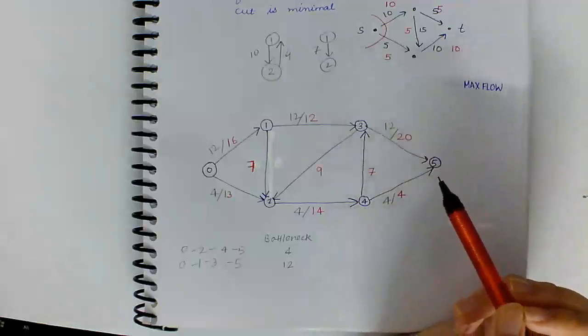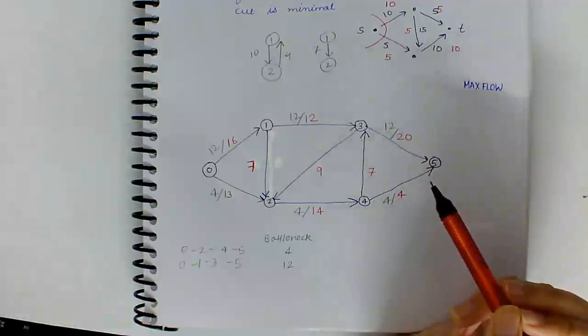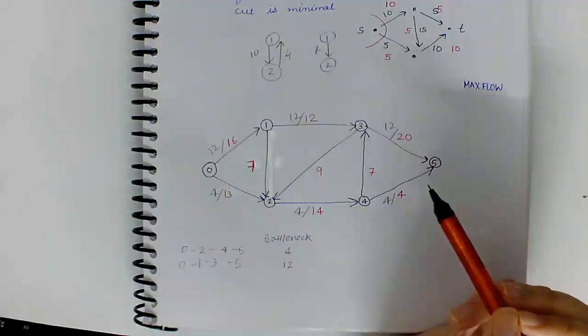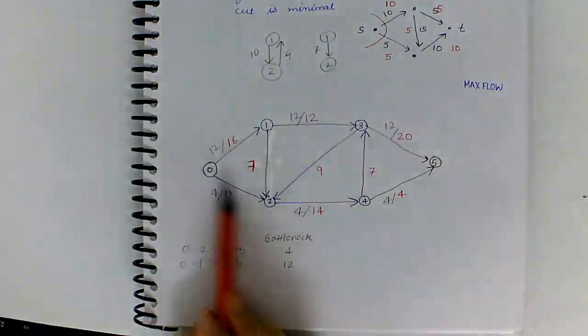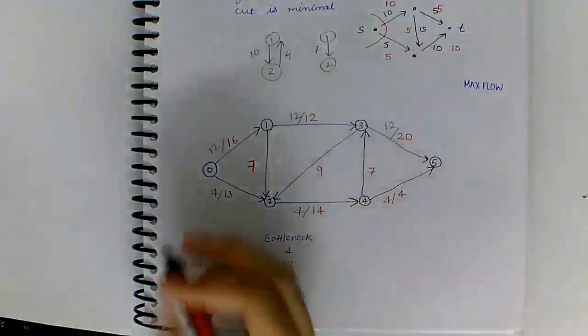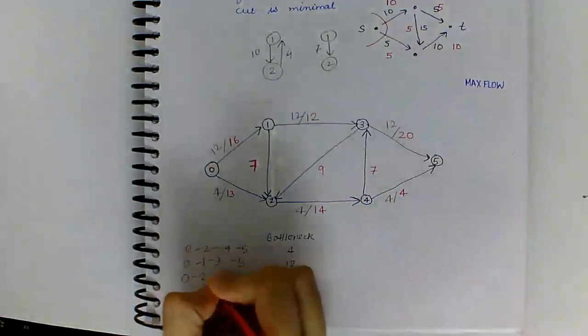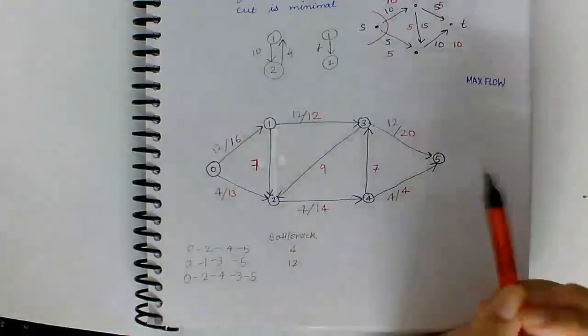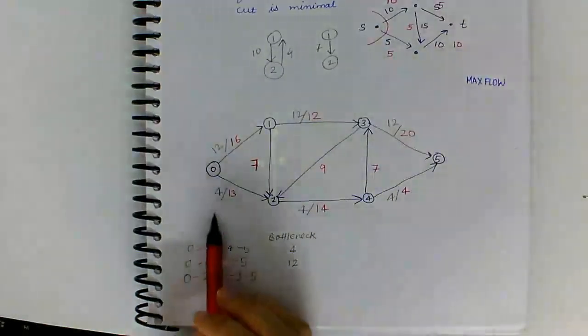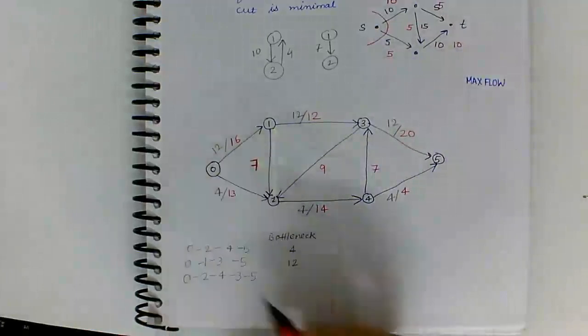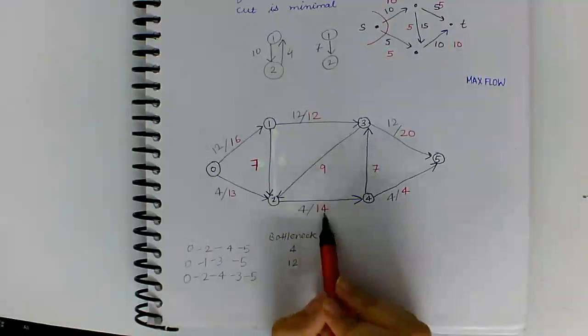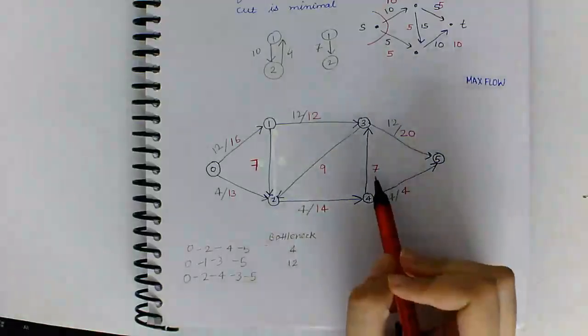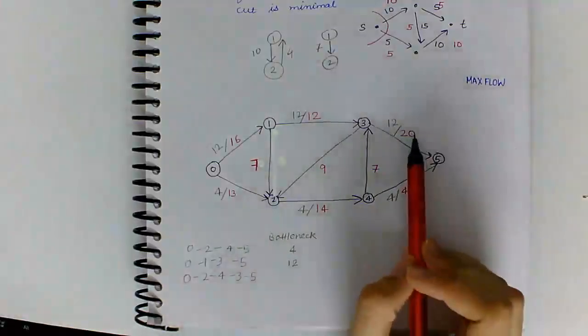So is there any other path? We can go from here 0, 2, 4, 3 and 5. So what is the bottleneck here? 13 minus 4 is 9, and 14 minus this is 10, this is 7, and 8.